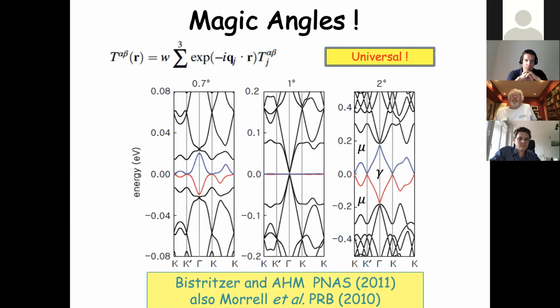So that simple model applied to twisted bilayer graphene gave this very surprising property, which we didn't understand, so we call it magic. And that is that at certain twist angles, the low energy bands became extremely flat.